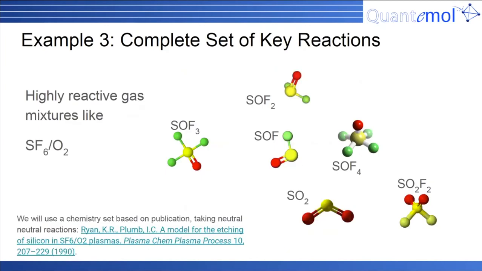When you have chemistry sets of a sufficient complexity, you will at some point reach species for which you have no data. Specifically, for example, no electron collision cross sections. For example, in SF6/O2 mixtures, the atomic O reacts with the SF radicals and forms these SOF species for which there simply is no reliable data on cross sections.